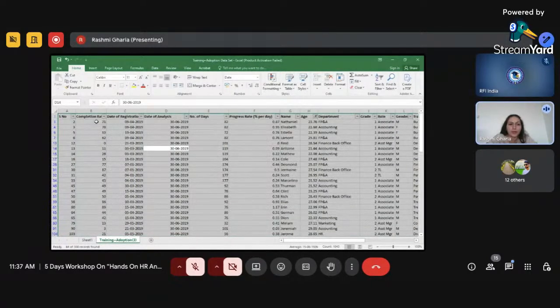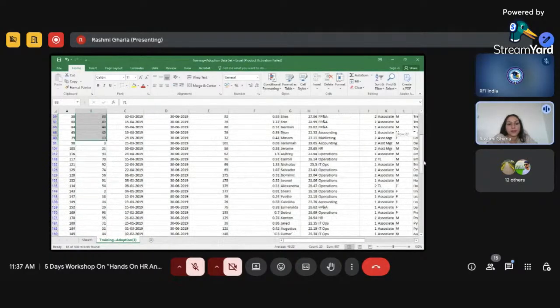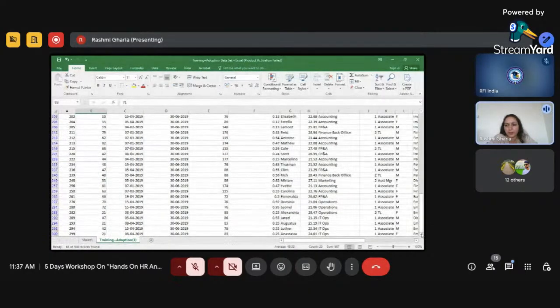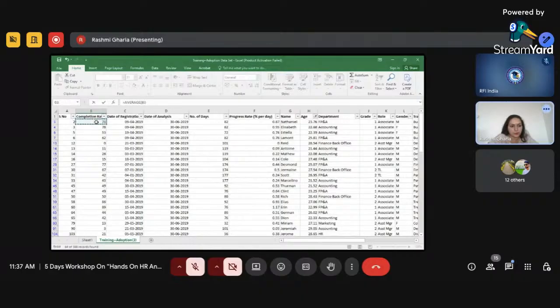Now I want to calculate the average. Already they have given the information here: how much percentage of the training program this particular age group has completed. You can directly go equal to average of this particular column.